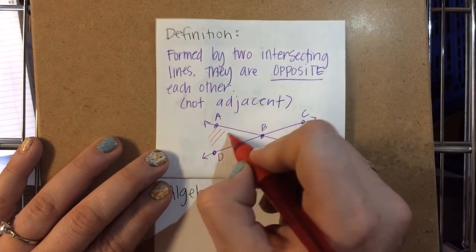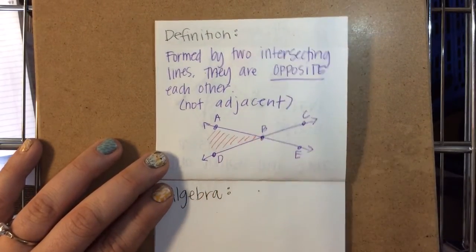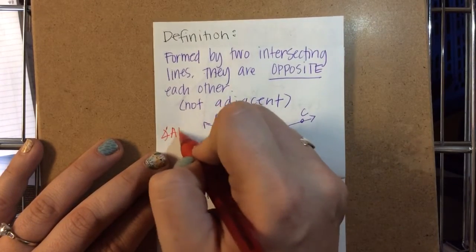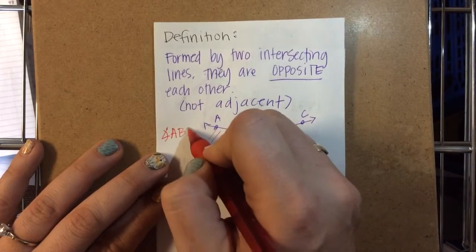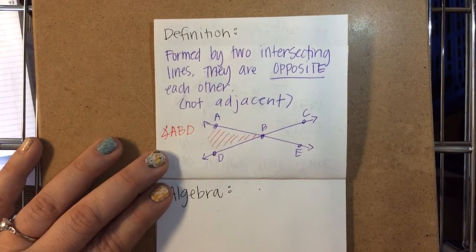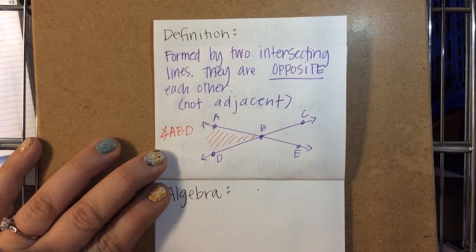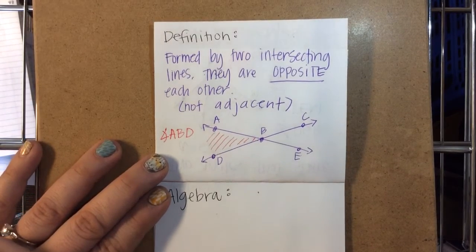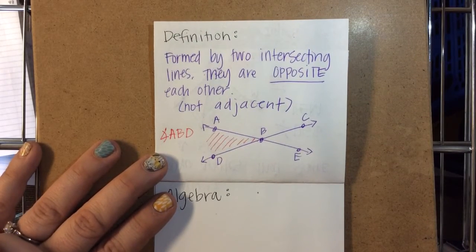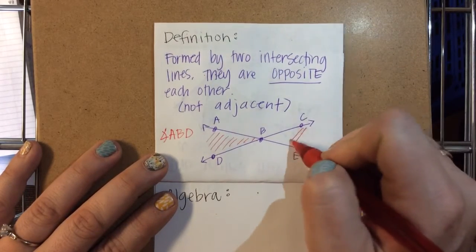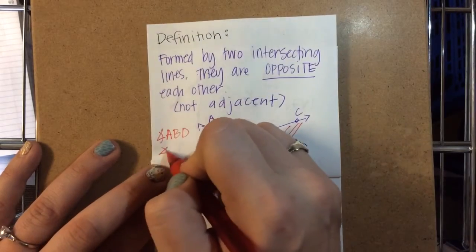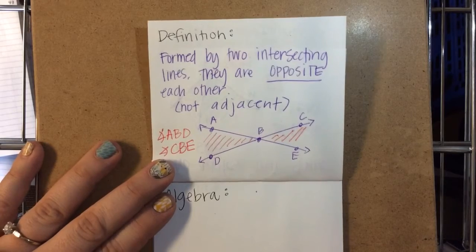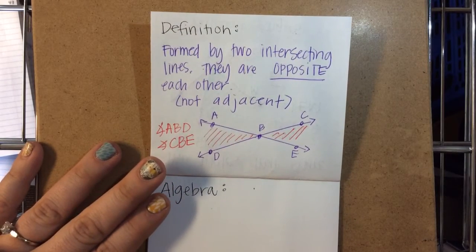My first angle is angle right here. What's that called? Angle A, B, D. What's it vertical to? What's opposite A, B, D? Luis? Good. C, B, E. Those are vertical angles.